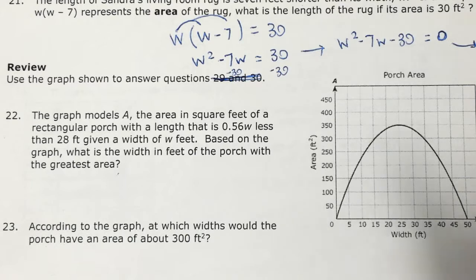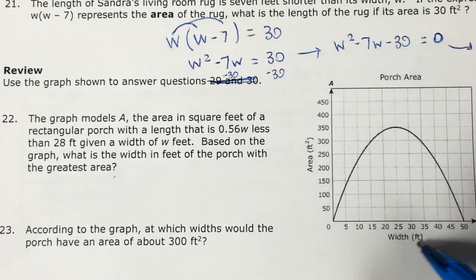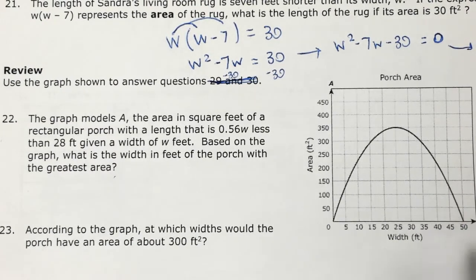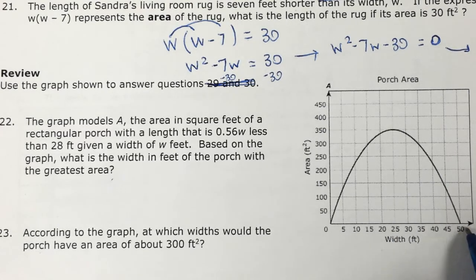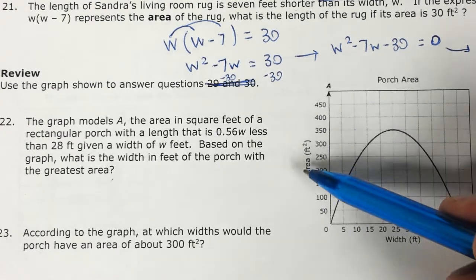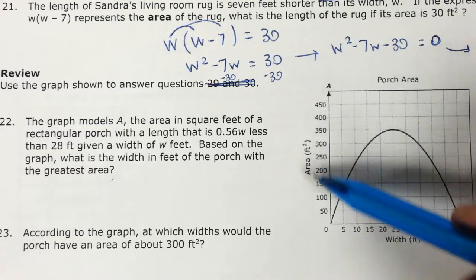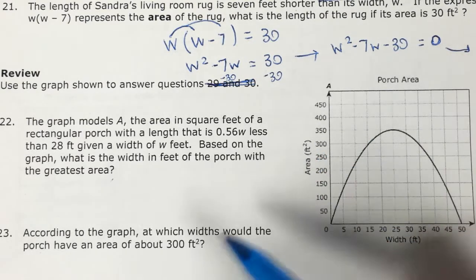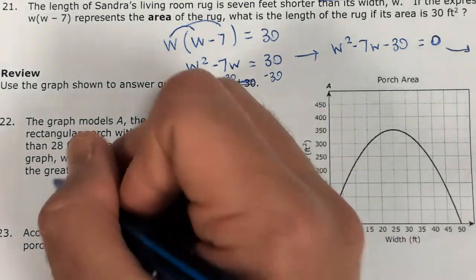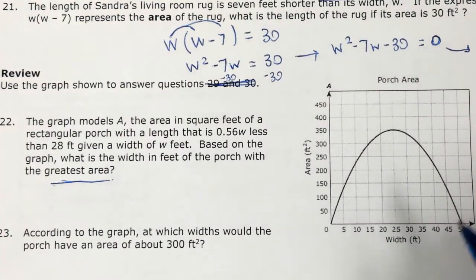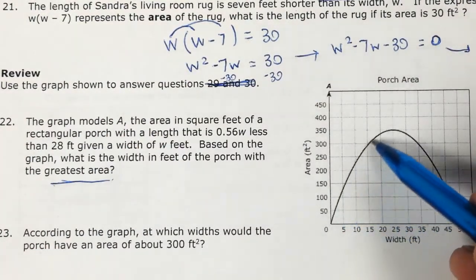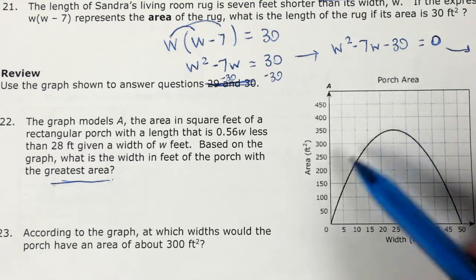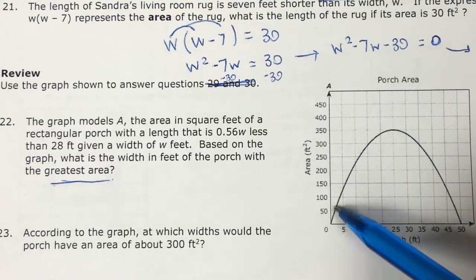Let's just look at this graph, okay? On my x-axis, I have width. This is my width, and it's going bigger and bigger and bigger. What do I have on my y-axis? Feet. Okay, and it told me I want what? The greatest area, the biggest area. Well, this graph represents my area. What is the biggest area as I'm going on this graph?